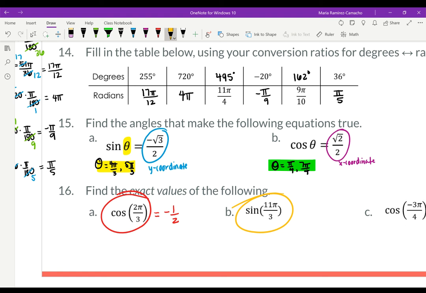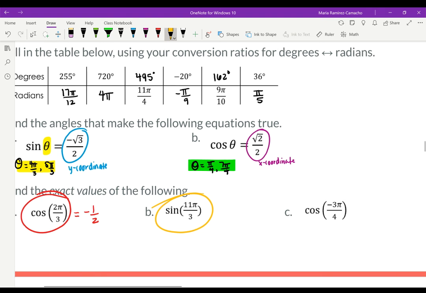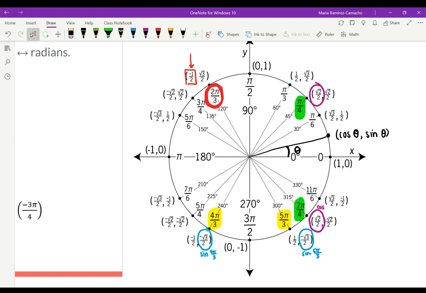For B, sine of 11 pi over 3. 11 pi over 3 is not here.